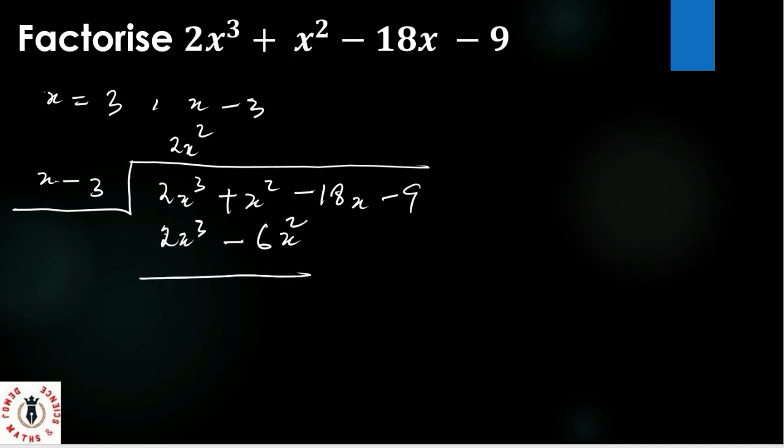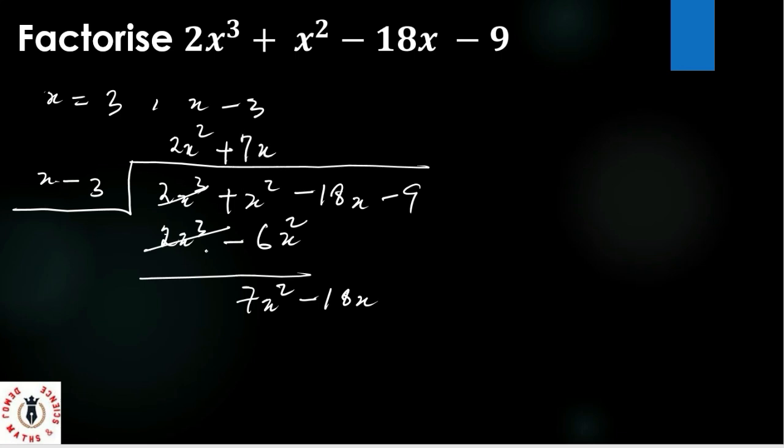Now we'll subtract this from here, this gives 0. x^2 minus minus 6x^2, that's 7x^2. Bring down minus 18x. So x in 7x^2, that's plus 7x.